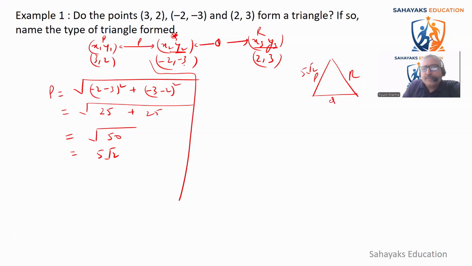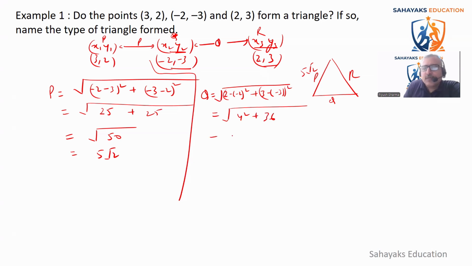Again, the same formula between this point and this point. So distance Q is equal to square root of (2 minus -2) whole square plus (3 minus -3) whole square. So it comes out to be 2 plus 2 is 4 square, plus 3 minus -3 is 3 plus 3, 6 whole square, which is 36.